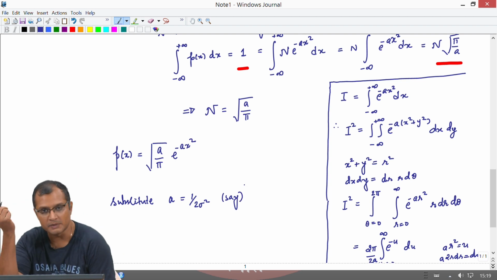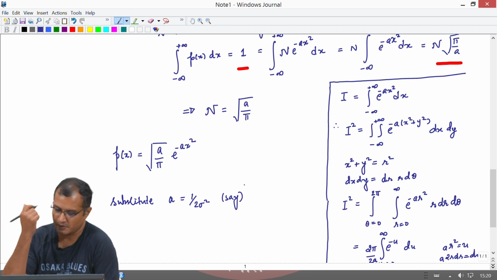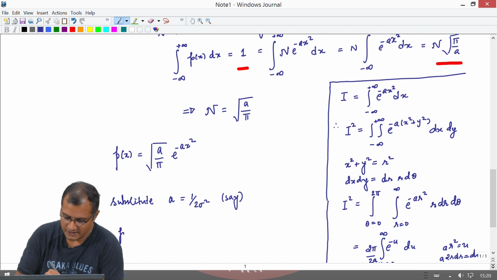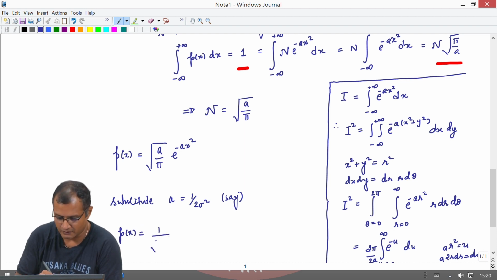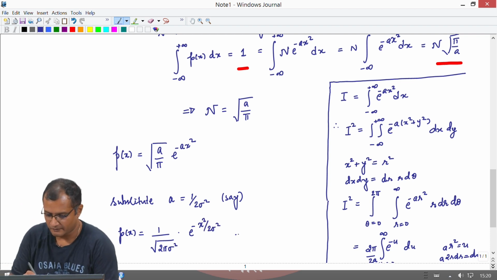A is anyway a variable. Then you will see that this PDF becomes the Gaussian PDF that is naturally commonly found in literature. So, with a as 1 upon 2 sigma square, this becomes a standard Gaussian. Now, this is the normalized Gaussian distribution.